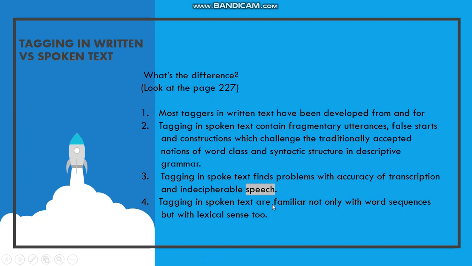Tagging spoken language is not familiar, not only with word sequence but also the lexical sense. So before we identify this, we have to know how the tagging system works in the written form and in the spoken form. But mostly when we talk about semantic meaning, the spoken form will be really hard because of the inaccuracy that spoken text has.